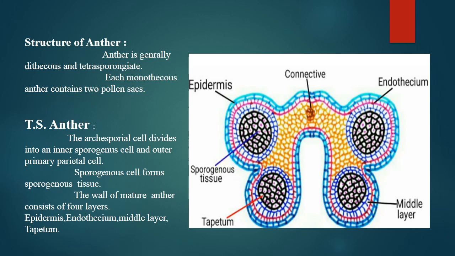Tapetum. It is the innermost layer of the anther wall and attains its maximum development at the tetrad stage of microsporogenesis. Connective. It is the column of sterile tissue surrounded by the anther lobes.